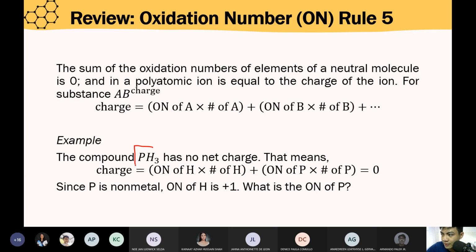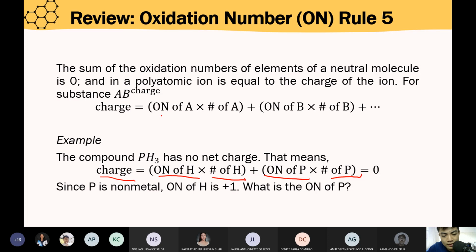Let's have this one example here. So we have PH3. The charge of that molecule is equal to the oxidation number of phosphorus times kung ilan siya, plus the oxidation number of hydrogen times kung ilan siya. So, pag pinag-add mo itong dalawang oxidation numbers, yun na ang charge ng molecule.